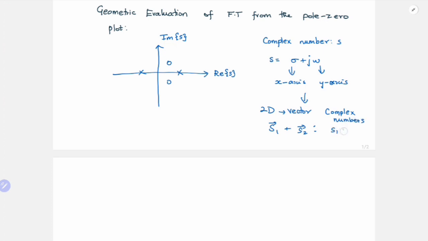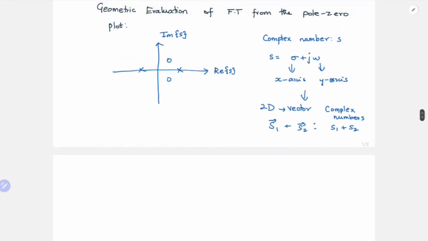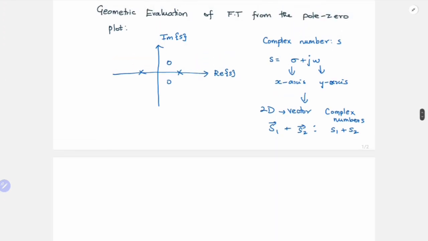We can add two complex numbers together in the form of vectors: their x coordinates, which is the real part, will add together and their imaginary parts will add together. So we have some relation between the complex numbers and the vectors, and we'll just exploit that to get a geometric evaluation of Fourier transform from the pole zero plot.